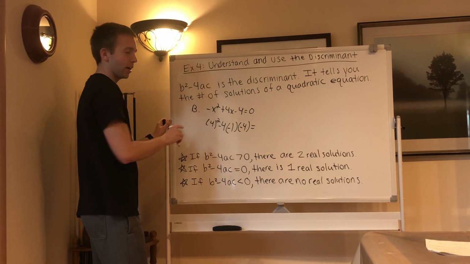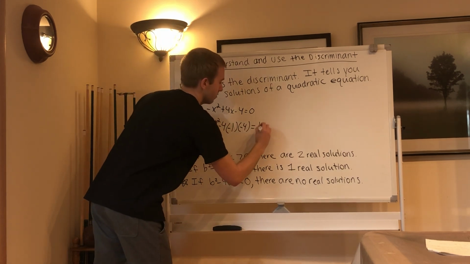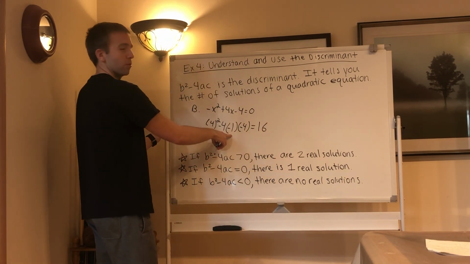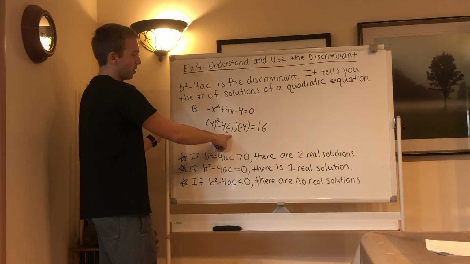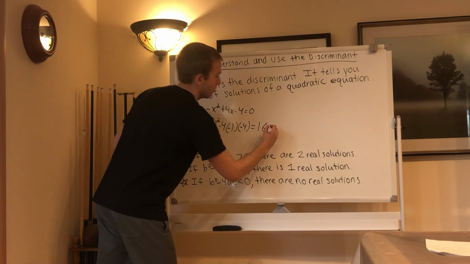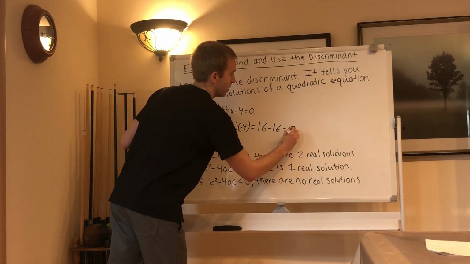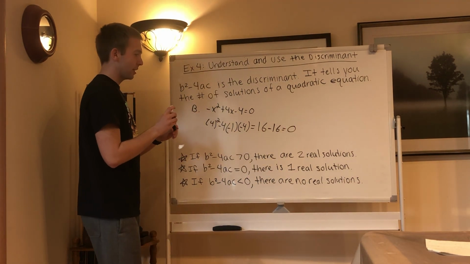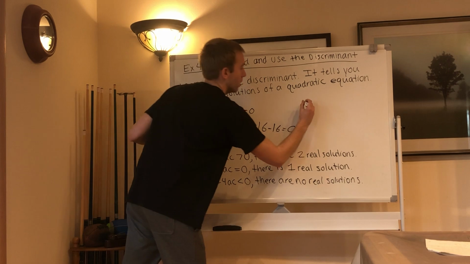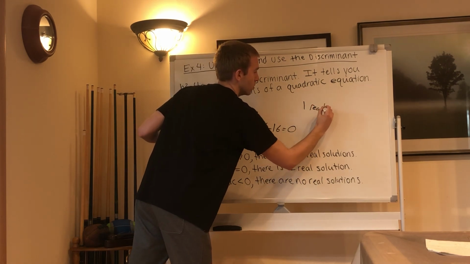As we simplify, 4 squared is 16. Negative 4 times negative 1 is positive 4. Positive 4 times negative 4 is negative 16. 16 minus 16 is 0. So that means there's going to be 1 real solution.